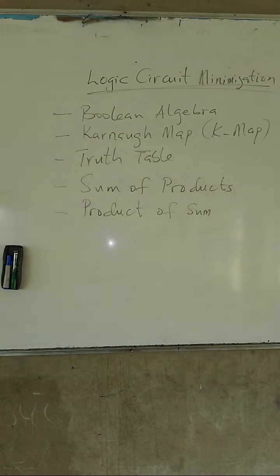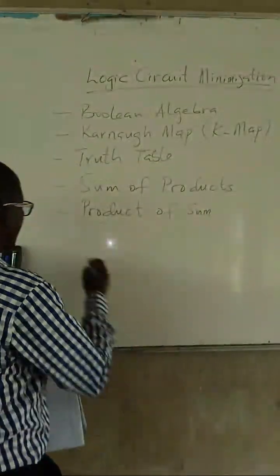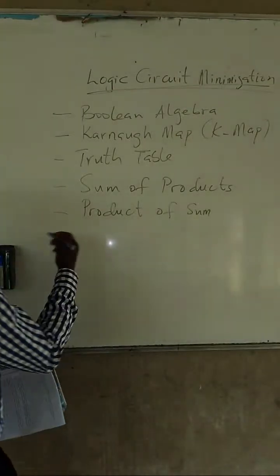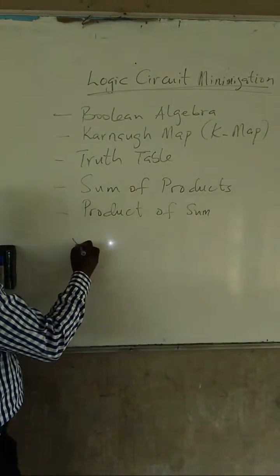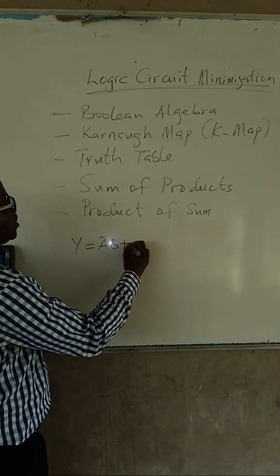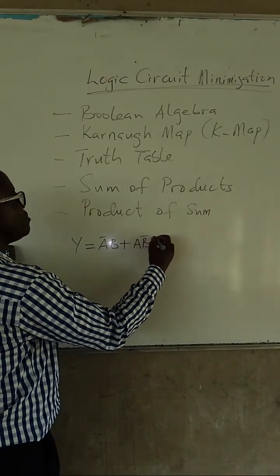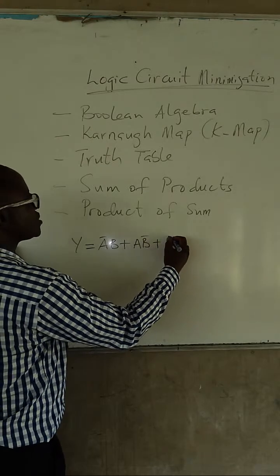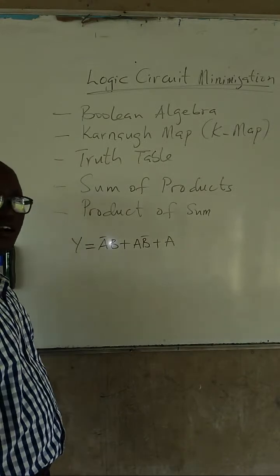So we are going to continue. Last time, we talked about Boolean algebra, whereby we write expressions for different combinational circuits like this. We have something like this: y equals A bar B plus A B bar plus A. This is a Boolean expression. It's not mathematics, it's not arithmetic.